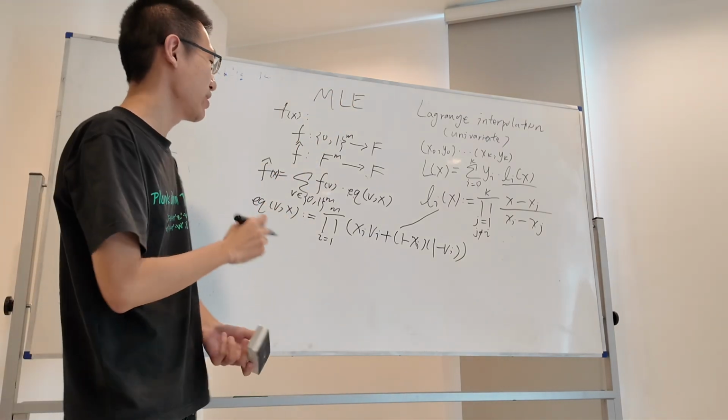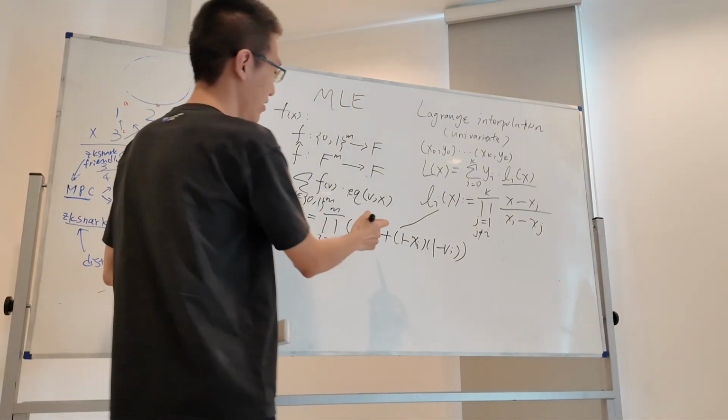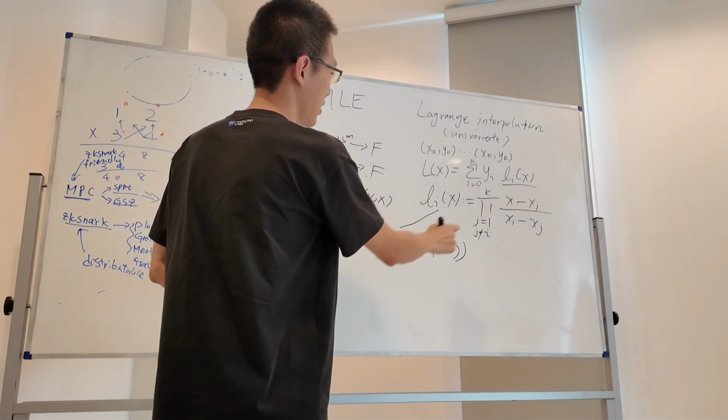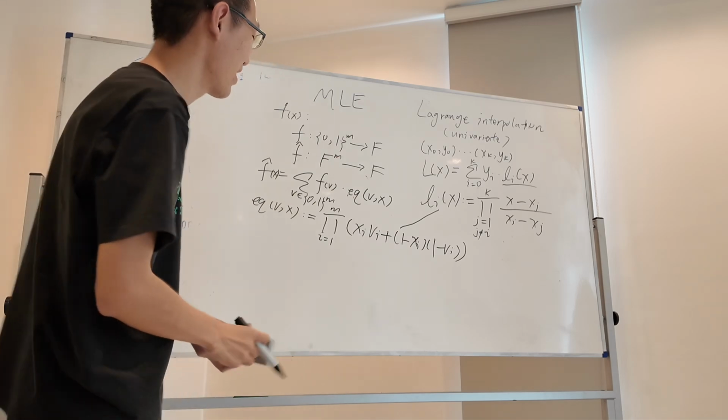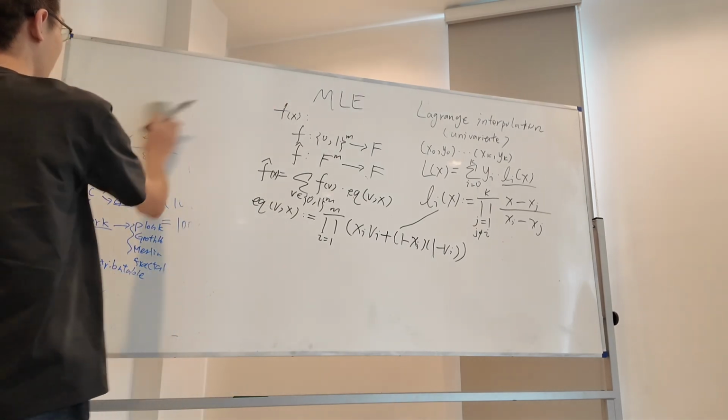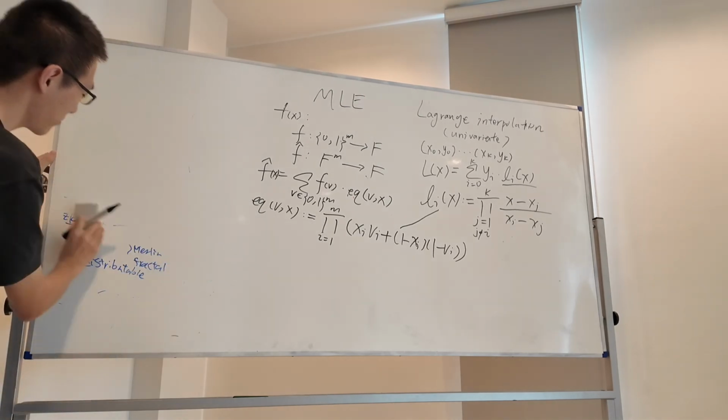So we just need to turn this one into something like the other one. So how to interpret it?